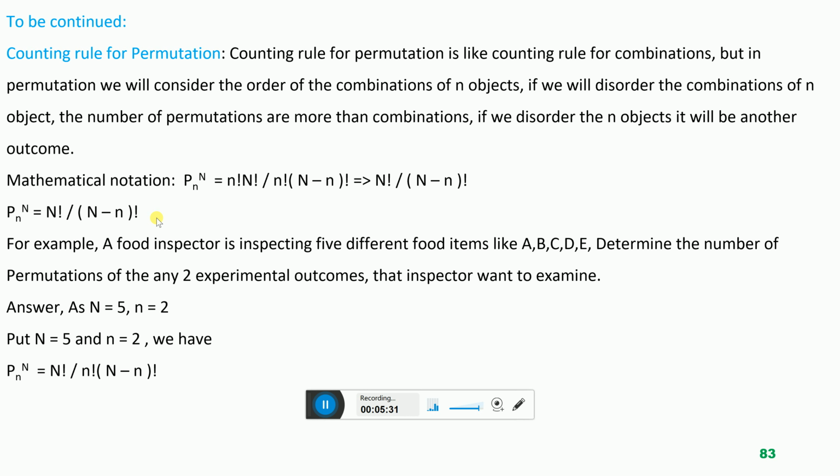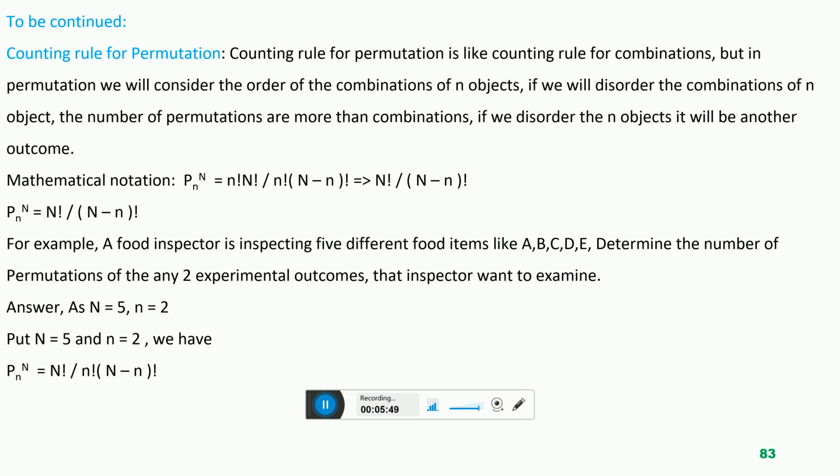This formula we will use to estimate the number of experimental outcomes of an experiment in group-of-items form.